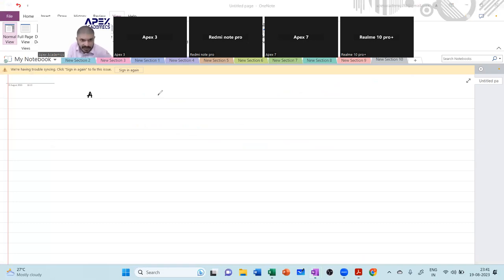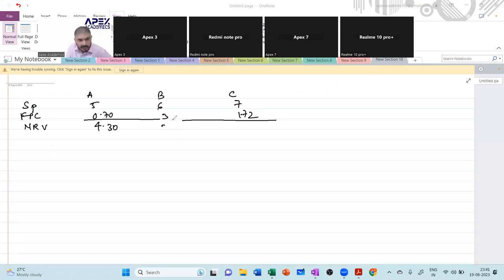I'm writing it again. A, B, and C. This is your selling price. Selling prices are 5, 6, and 7. Further processing costs 0.70, 3, and 1.72. Put a line on this. What do I get? NRV: 4.30, 3.00, 5.28. How many units?